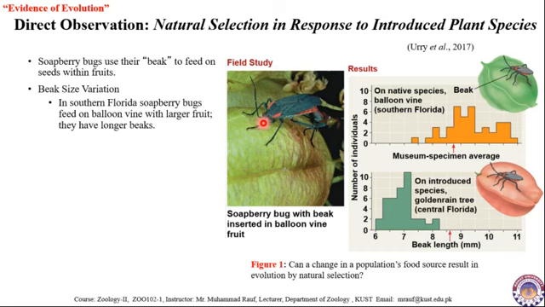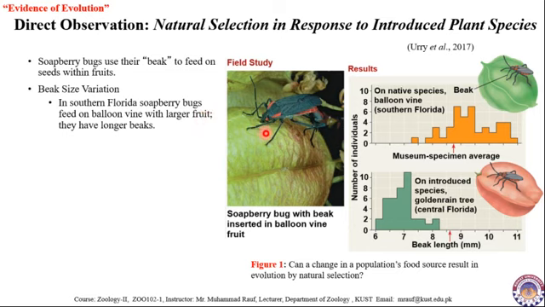So we have two types of populations of these soapberry bugs. One population lives in southern Florida. There the soapberry bugs feed on balloon vine with larger fruit.